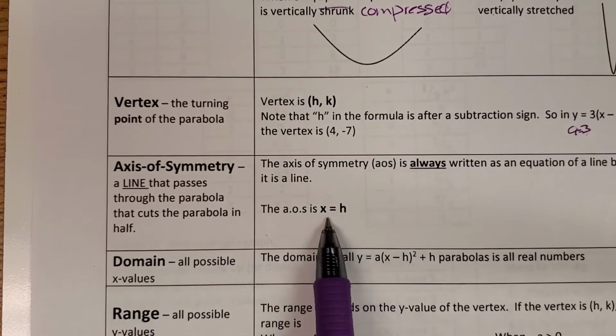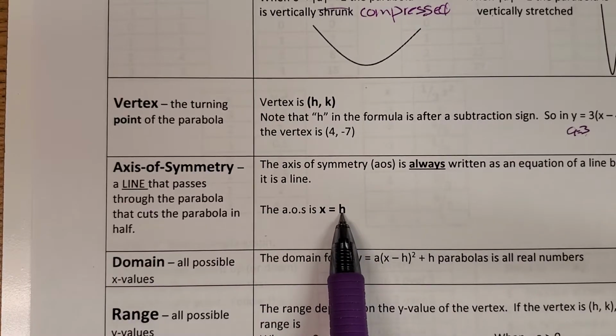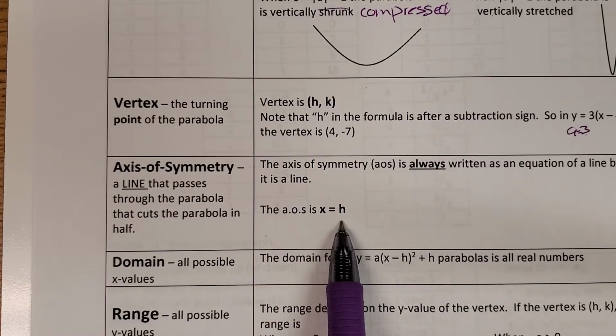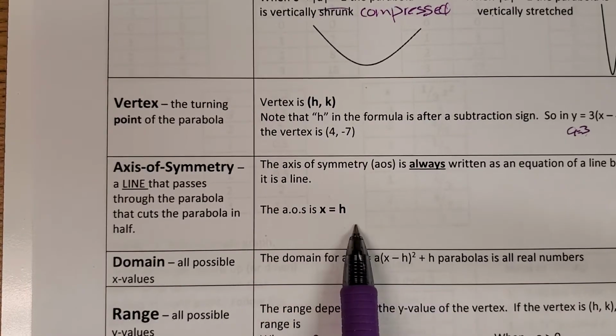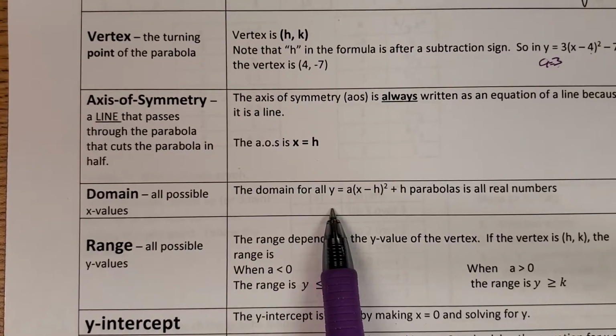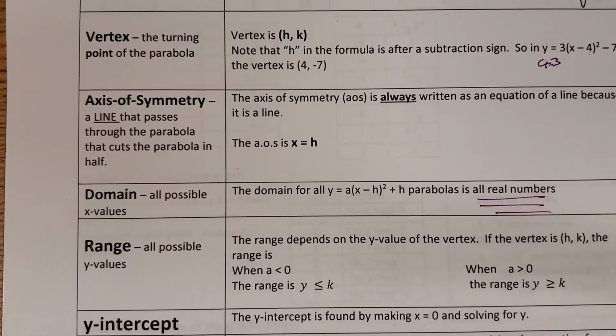Axis of symmetry, remember, is always an equation, and it's always whatever the x-coordinate of the vertex is. And since we're calling that H in vertex form, then our axis of symmetry is going to be x equals H. Domain, remember we talked about it. Domain for all the kinds of parabolas we do in Algebra 1 is all real numbers, okay?